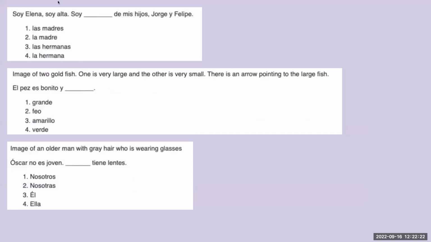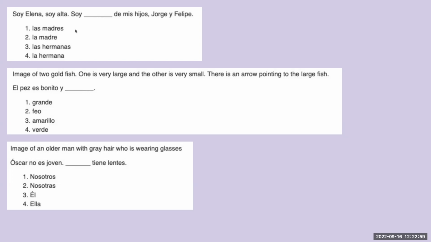So we're going to do some practice questions, similar to ones you might find on the exam. We're just doing a few of these. They're not numbered, sorry about that. In the chat box, put 1, 2, 3, or 4 for your answers. Soy Elena, soy blank de mis hijos, Jorge y Felipe. Would the answer be las madres, la madre, las hermanas, la hermana?